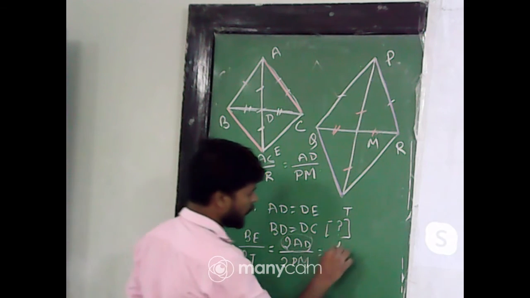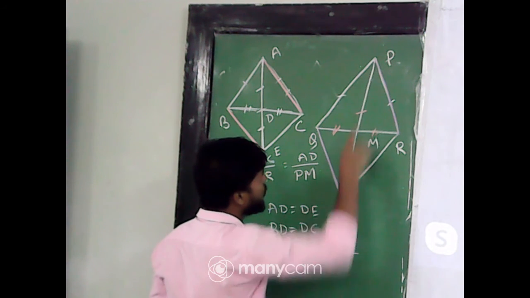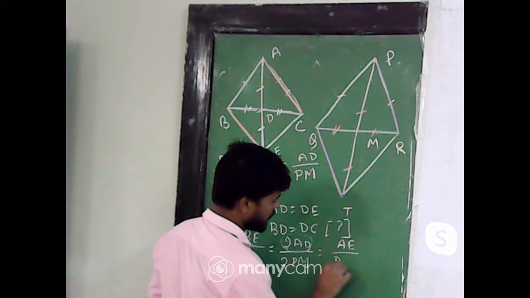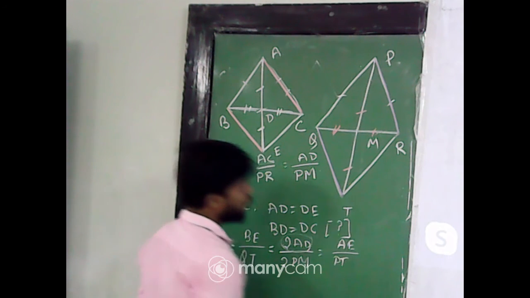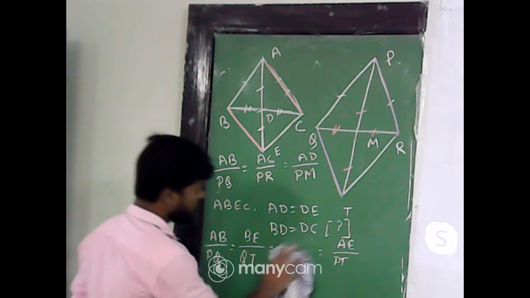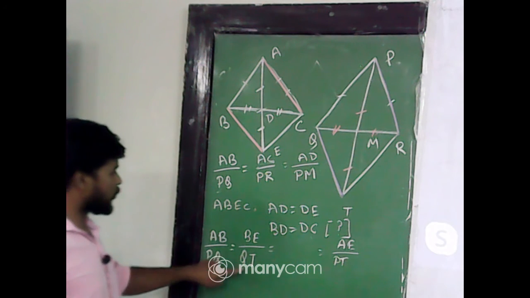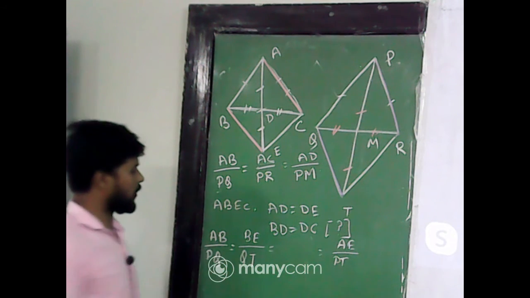So that will be AE by twice PM, and twice PM is equal to PT. So finally we have AB by PQ is equal to BE by QT is equal to AE by PT.